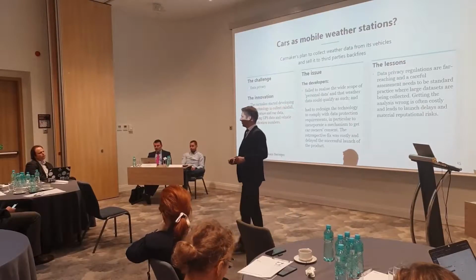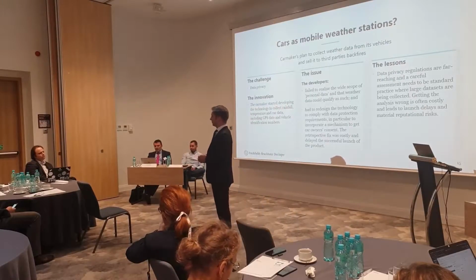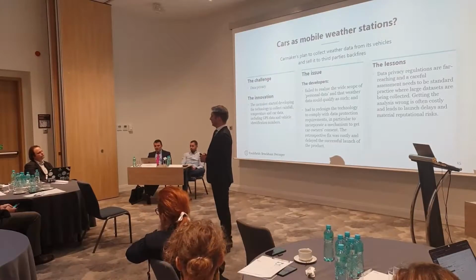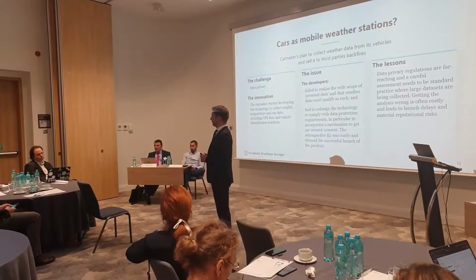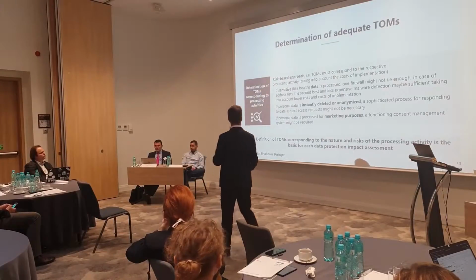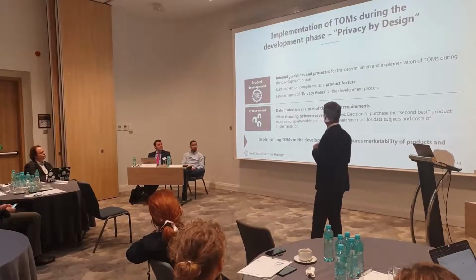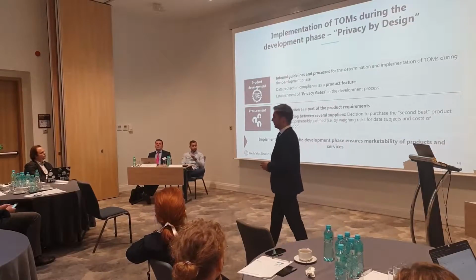And I think you mentioned on a previous slide that privacy by design should be a product feature. No, the other one. No, here: data protection compliant as a product feature.